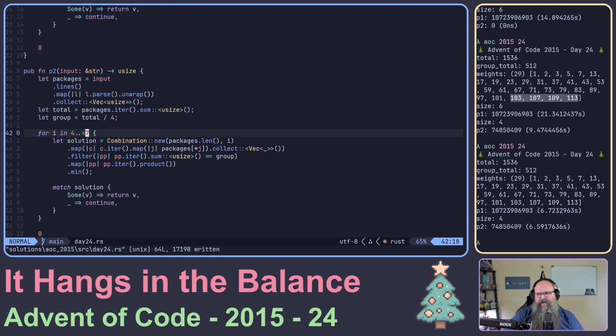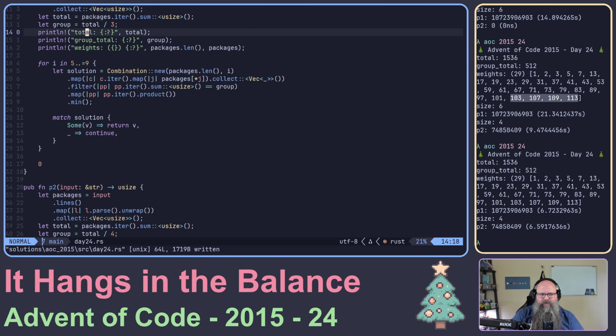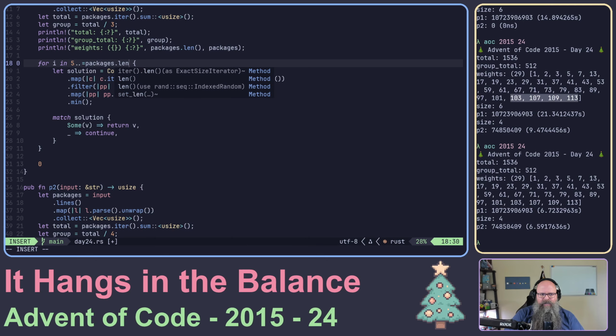And I guess the way you figure that out is you do what we were doing there. So you can make this more generic, is we can say this number is actually equal to packages.len divided by 3.